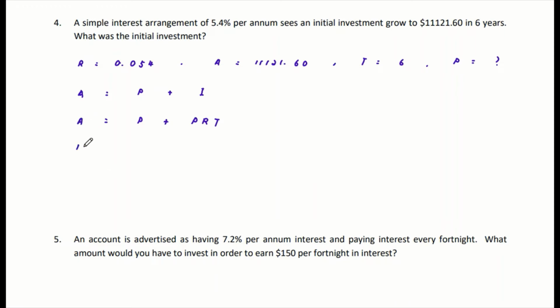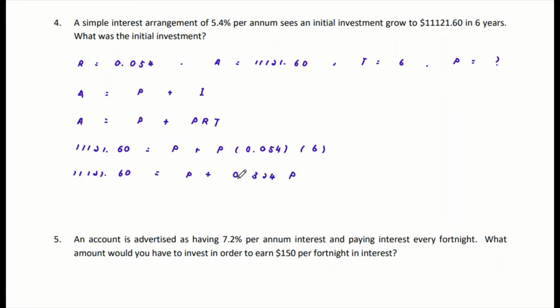So the A here, we have 11121.60. P is the principal that we need to find. R is 0.054 and T is 6. So now we try to add them together. So we can get 11121.60 will be equal to P plus 0.324P.